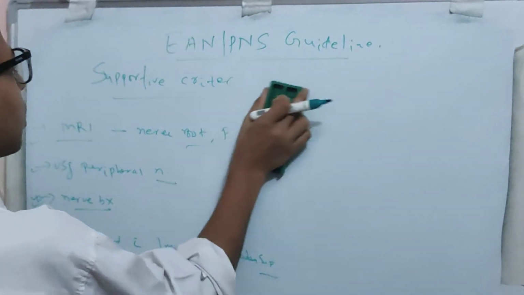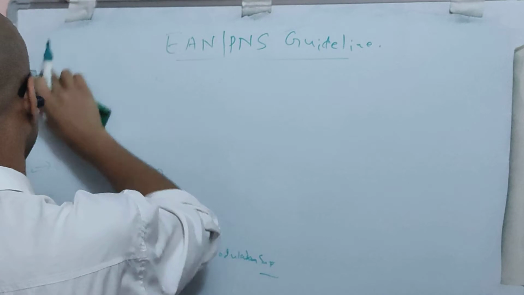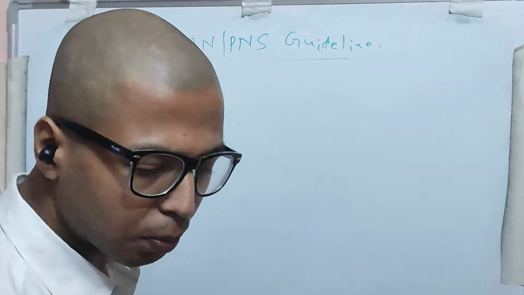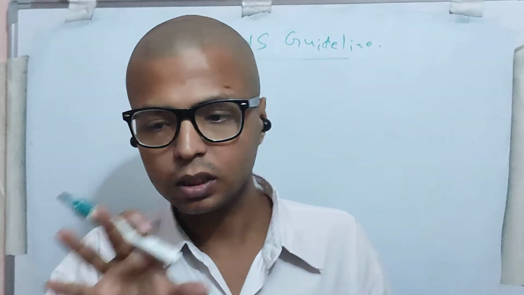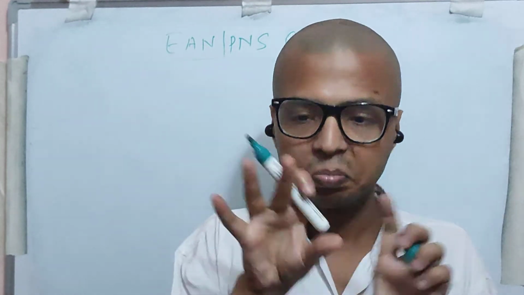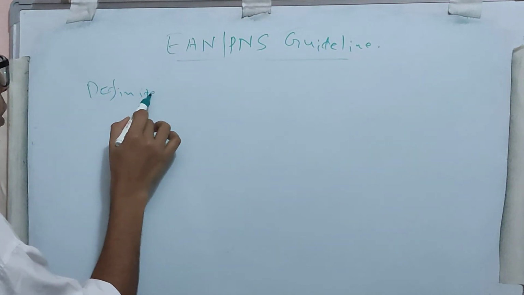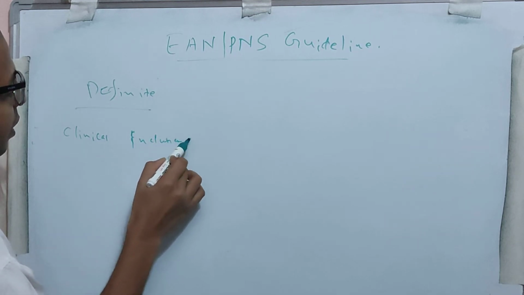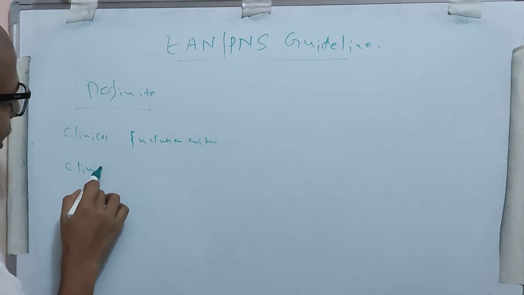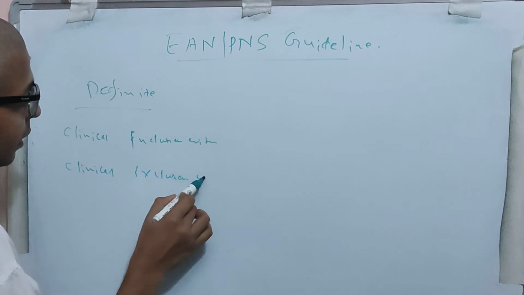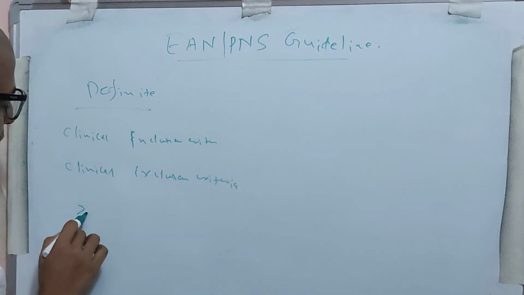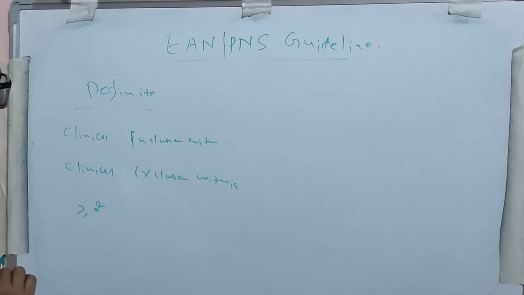So we talked about inclusion criteria, exclusion criteria, supportive criteria, and electrophysiological criteria, and the combination of these tells us the diagnosis. To diagnose definitive CIDP, you have to meet the clinical inclusion criteria, fulfill the clinical exclusion criteria, and the electrophysiological criteria should be met in at least two nerves.